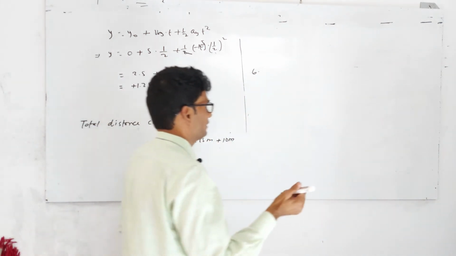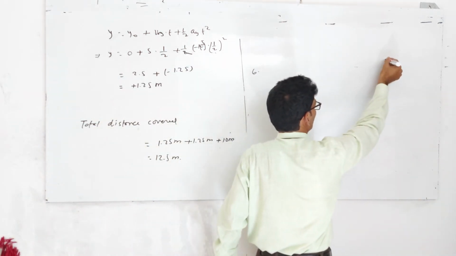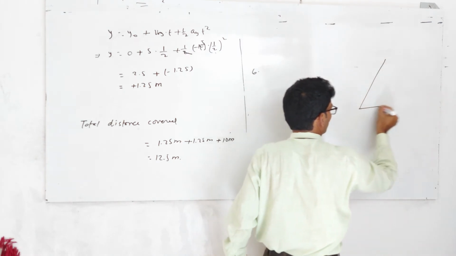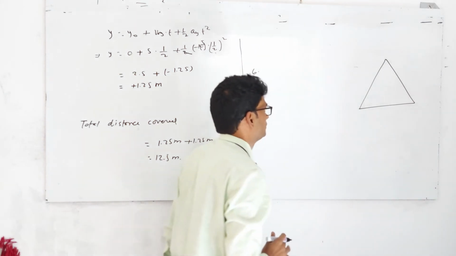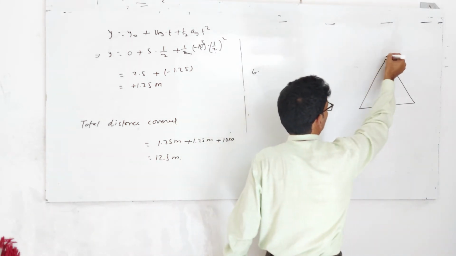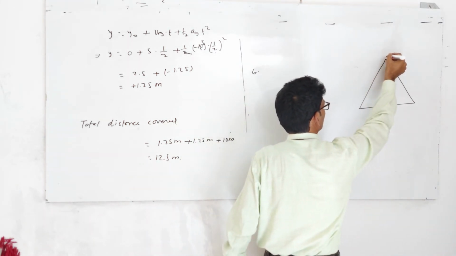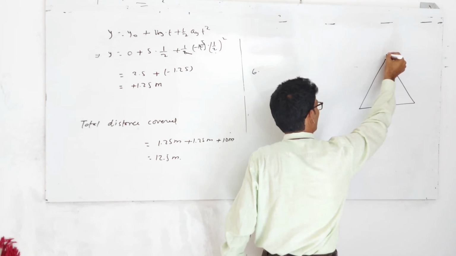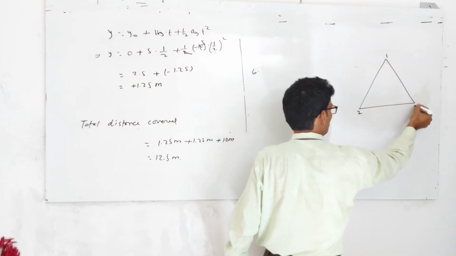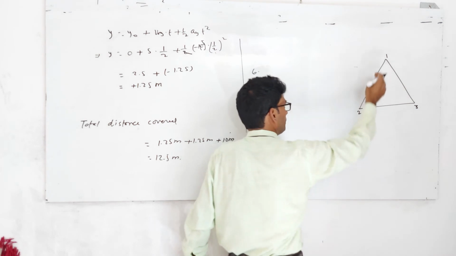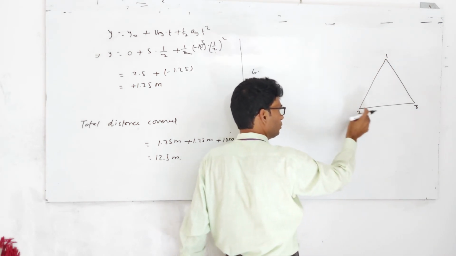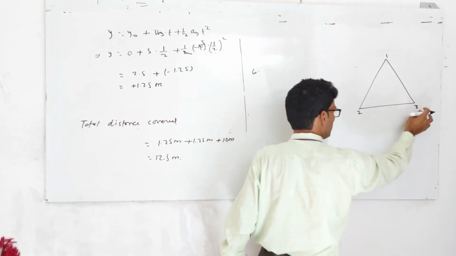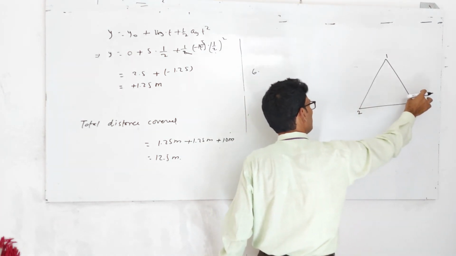Now the next problem is that there are 3 particles present at 3 corners. Say particle 1, particle 2, particle 3. Particle 1 aimed at particle 2, particle 2 aimed at particle 3, particle 3 is aimed at particle 1.